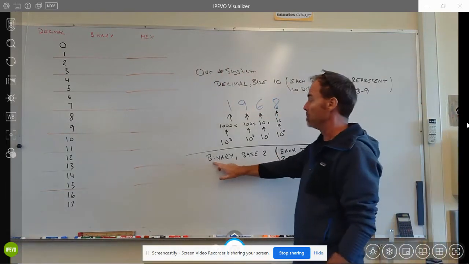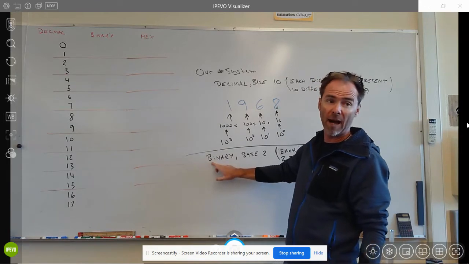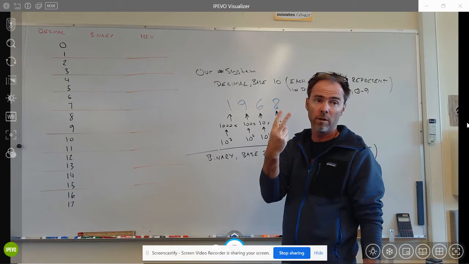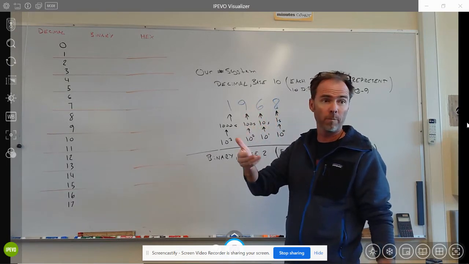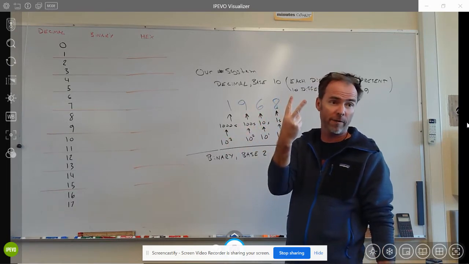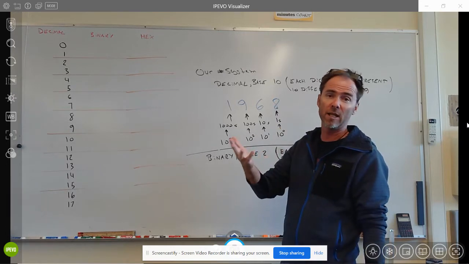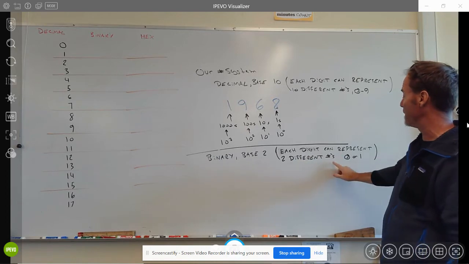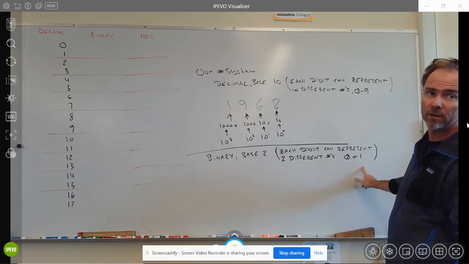Think about bi. What does bi mean? I have a bicycle. It has 2 wheels. Bi means 2. So each digit can be represented with 2 different numbers, a 0 or a 1.